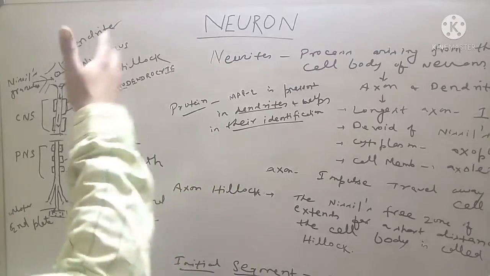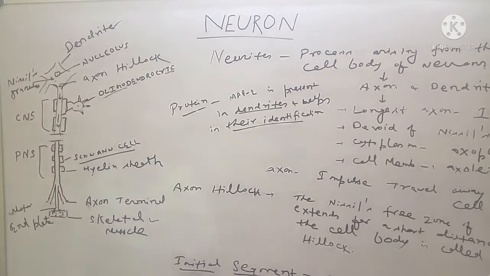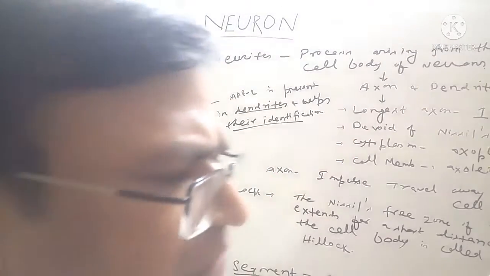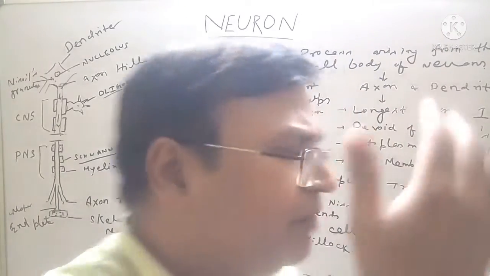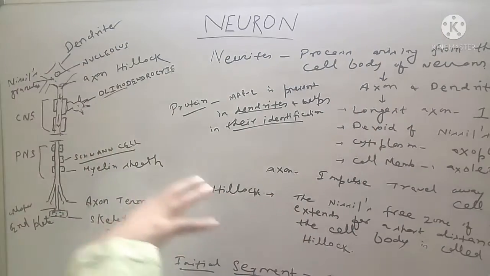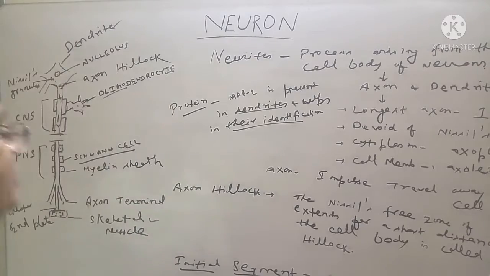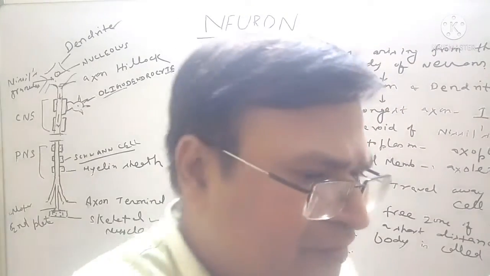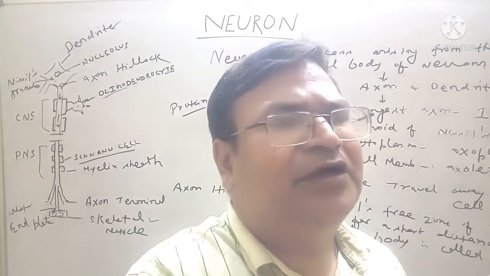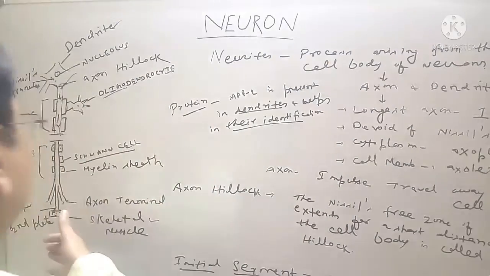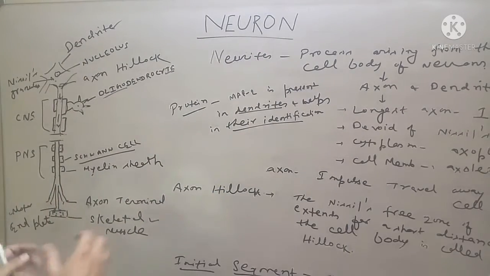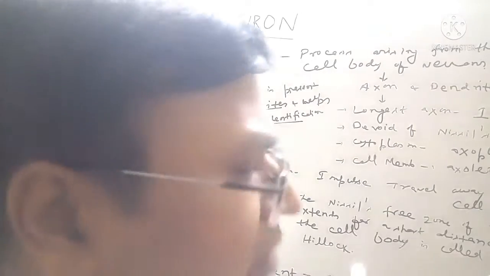Thus this is the pathway. In the axon, the impulse travels away from the cell body towards the motor end plate and the skeletal muscle, and the skeletal muscle will contract.